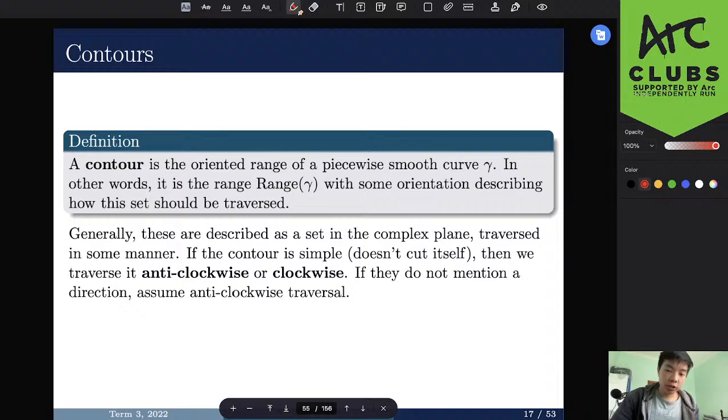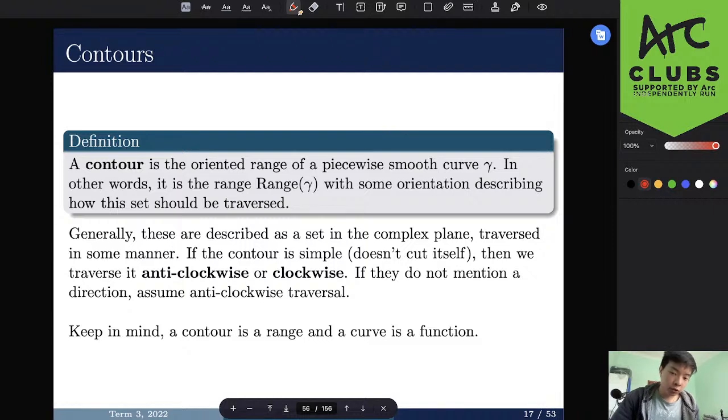And if they don't mention a direction, we can assume that it's going in anti-clockwise traversal. So there is a difference between a contour and a curve. A curve is a function, whilst a contour is a range, but can be represented by a function.